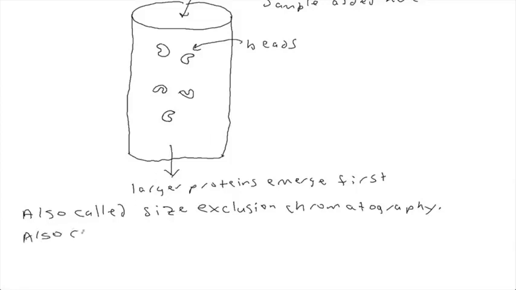Because it's separated based on size. And in particular, the large proteins are excluded from getting trapped in the beads. So in a way, this seems like a better name. Gel filtration doesn't give you much sense of how this works. Size exclusion chromatography seems a better name. Your textbook calls it molecular exclusion, which again, to me, seems like a less informative name than size exclusion.